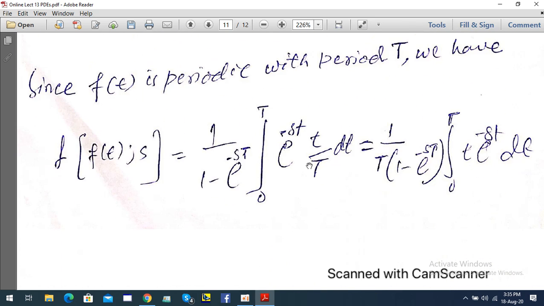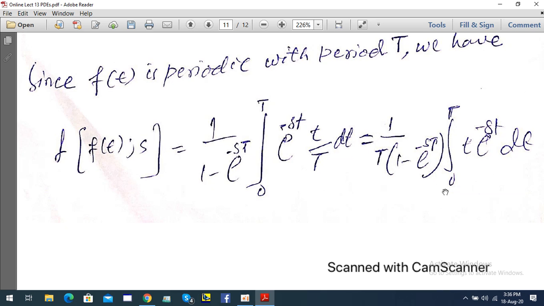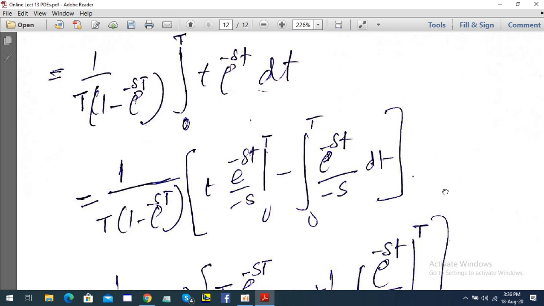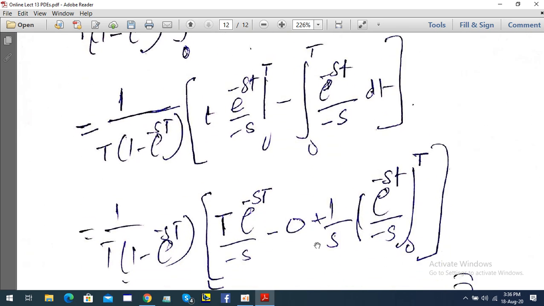So this is the integral from 0 to T of e power minus st times t by T dt. Because 1 by T is a constant, we can take it out, and then the integral from 0 to T of e power minus st t dt. So find the integral by parts: first times the integral of second, minus the integral of the derivative of first times the integral of second.